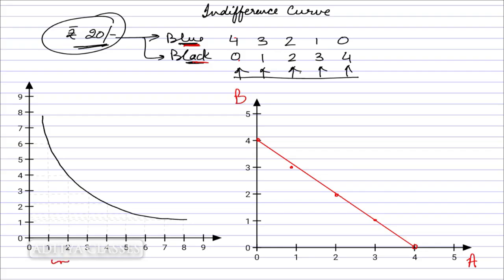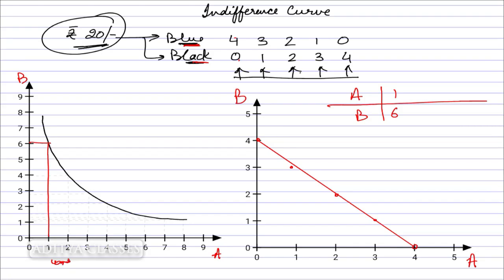If I wish to increase number of units from 1 to 2, so right now I am positioned over here. Let this be A and B. For one A, I have 6 Bs.